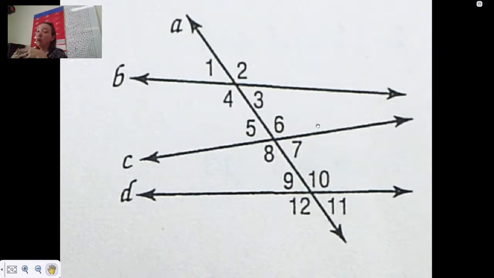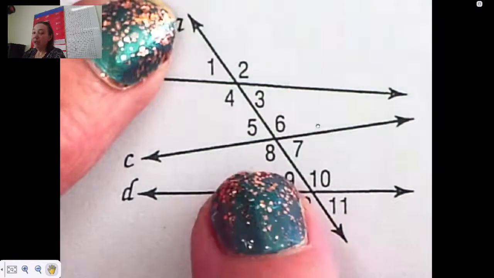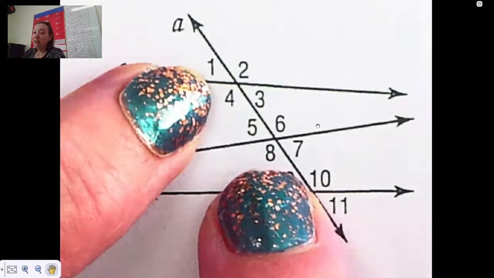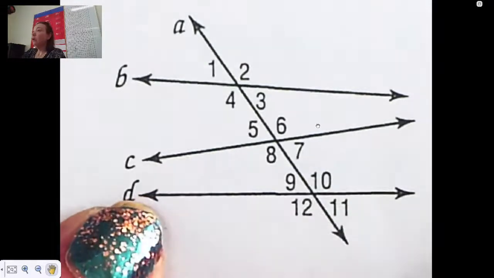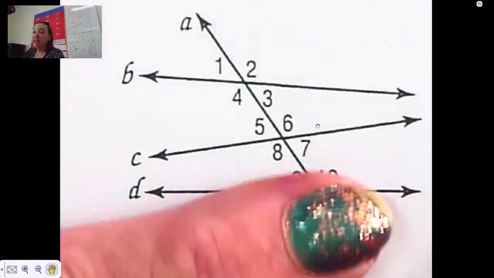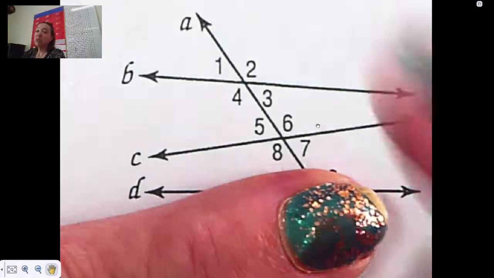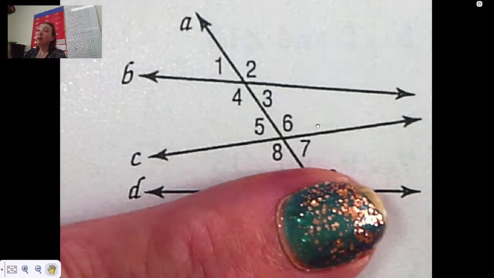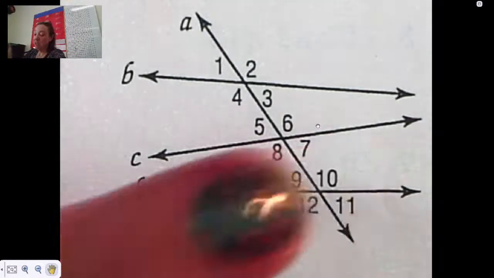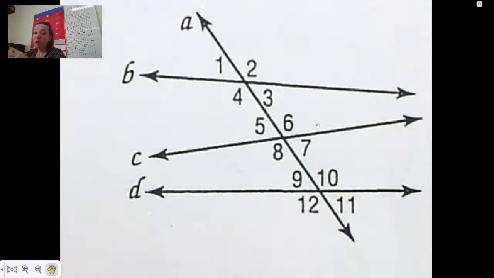If you're looking at angle 1 and angle 8, then line D doesn't have anything to do with them. So you don't use that line D to describe angle 1 and 8. You just use the lines that they are connected to. Does everybody understand that?